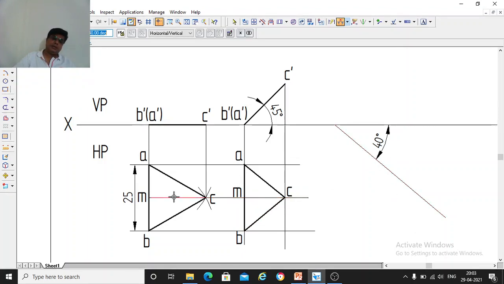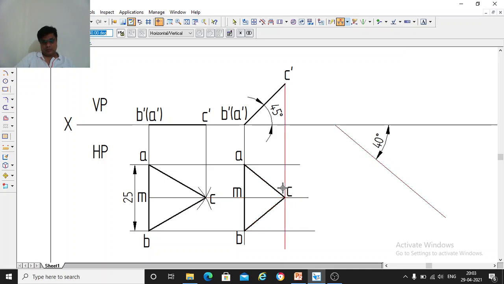But since the length of this median is reduced, we cannot directly keep it at 40 degree. We should take the true length now. So first we will take the point C and we will take the true length. So now we have to keep this CM on this line.